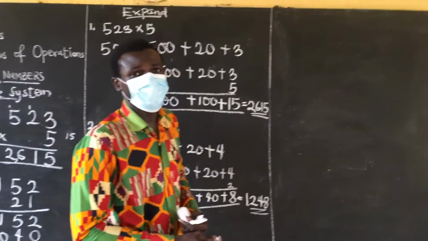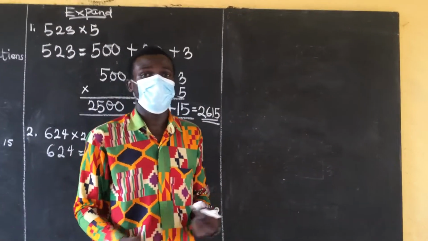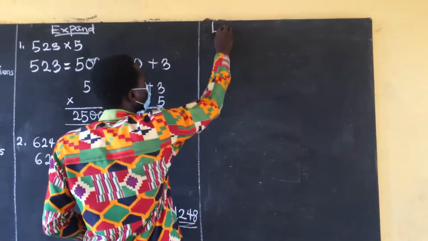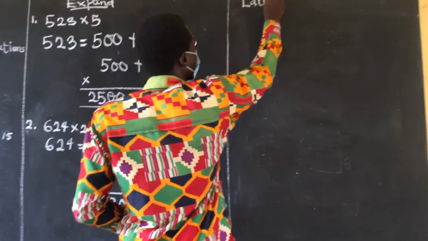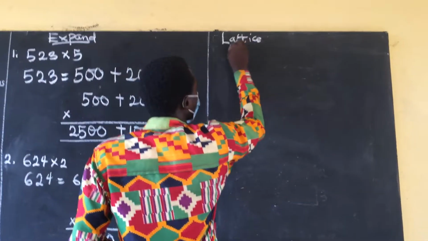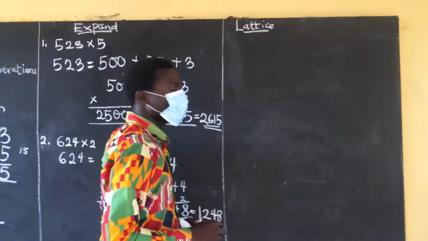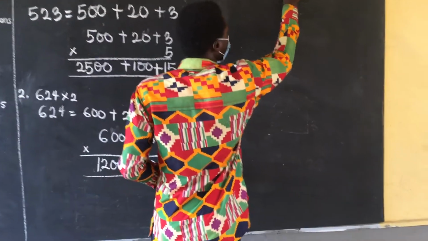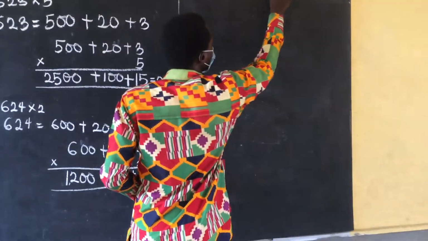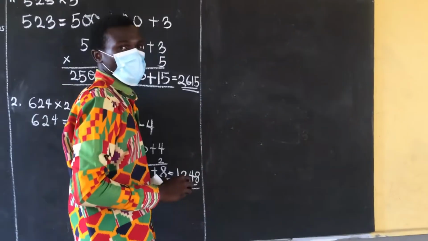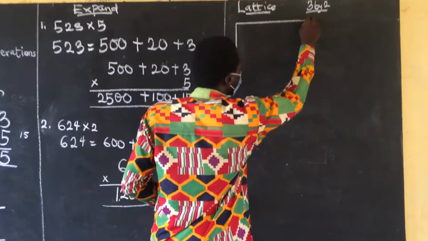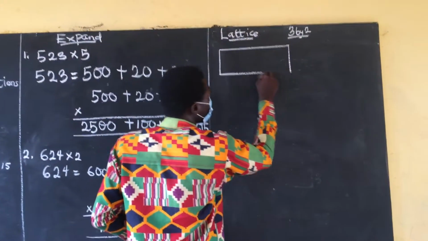The next method is called the Lattice Method. Now with the lattice method, we have to look at it in 3 by 2 digits. We are going to draw a rectangular box.